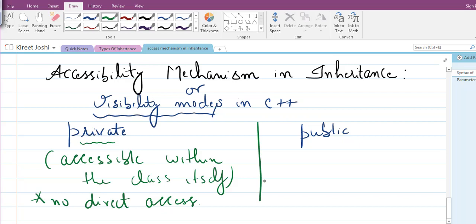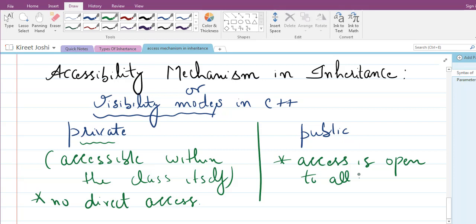The public specifier, or the public mode, is a mode in which the access is open to all. It means you can access the public members within the class, and you can access the public members outside the class.